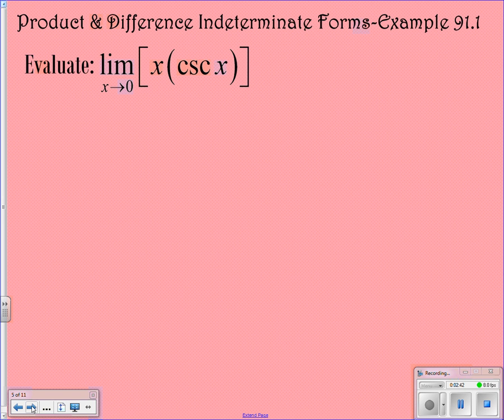So we're going to make it the limit as x approaches 0 of x over sine of x, because cosecant of x can be written as 1 over sine of x. And then if we plug in 0, we get 0 over sine of 0, which is 0. 0 over 0 is indeterminate, so we want to take the derivative.